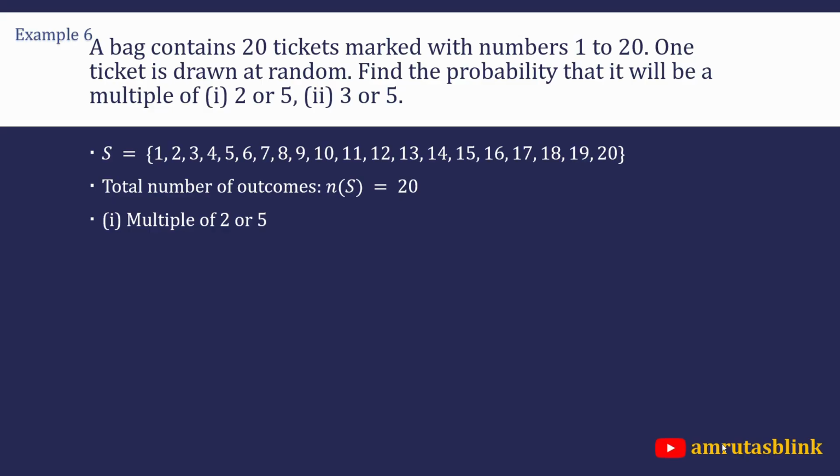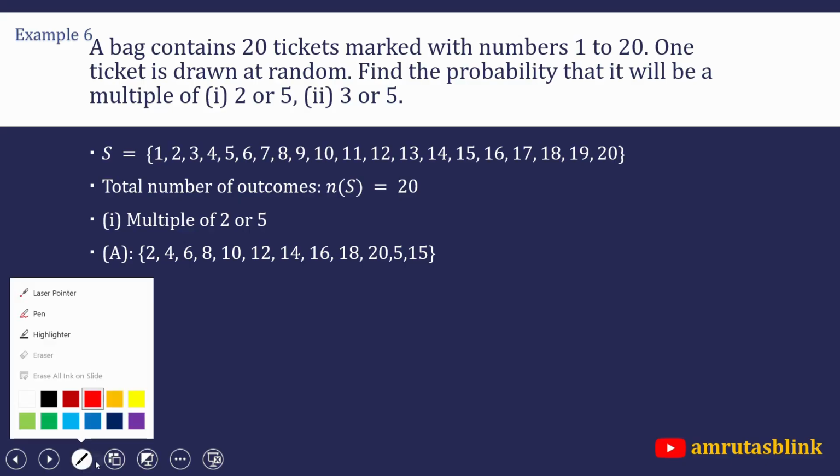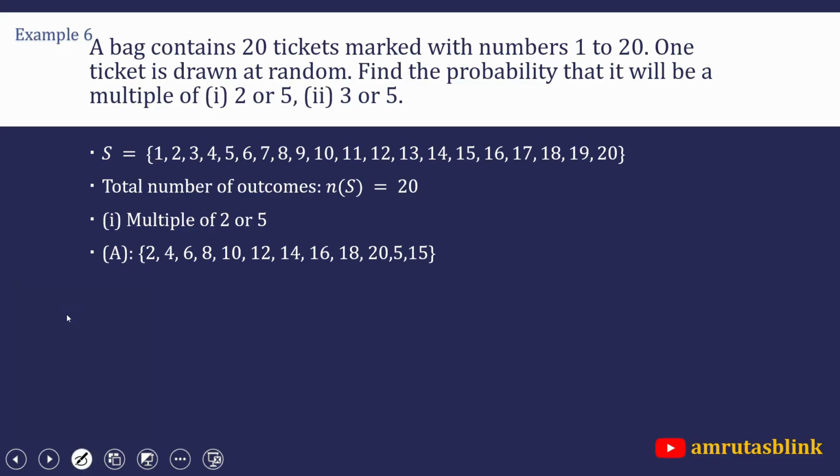Now our first problem statement is we need to calculate the probability that it will be a multiple of 2 or 5. So let's say it is an event A. The number can be a multiple of 2, that is, we can have 2, 4, 6, 8, 10, 12, 14, 16, 18 or 20.